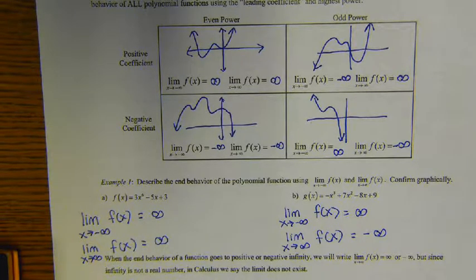Okay. They're still opposites, but the left is negative infinity, the right is positive infinity. But then if it becomes a negative leading coefficient, that flips it over, and so then it flips those end behaviors.